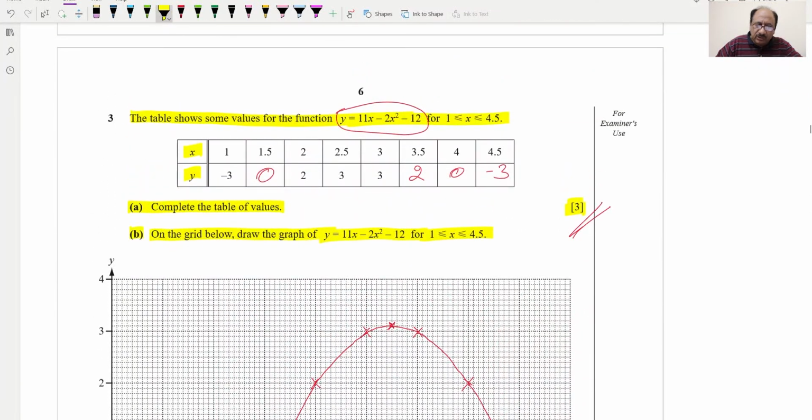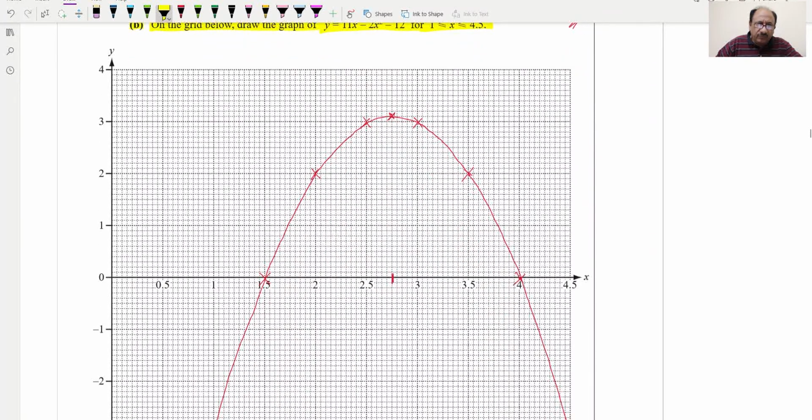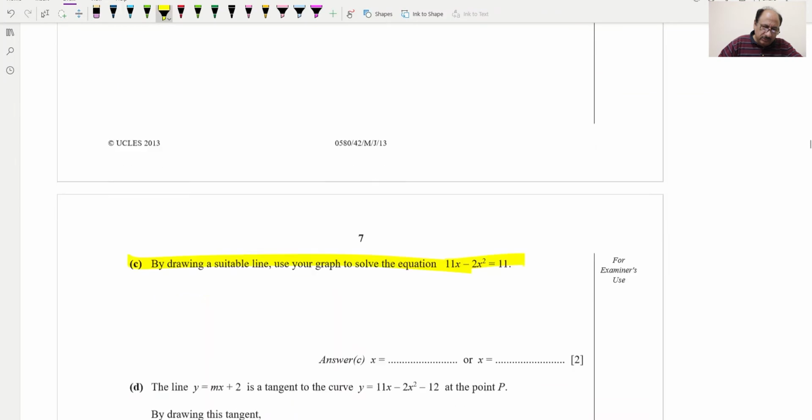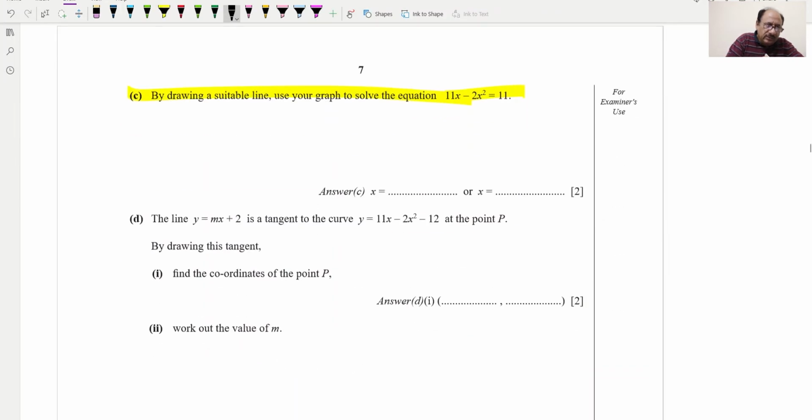So we will use the equation: our given equation is y is equal to 11x minus 2x square minus 12. Now this portion they are saying is equal to 11, so we can replace this portion by 11. So it will be 11 minus 12, which is equal to minus 1.